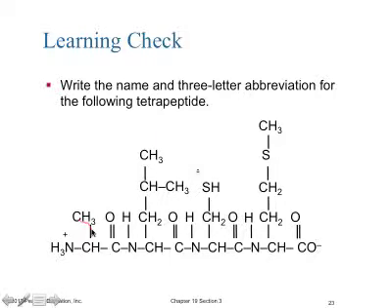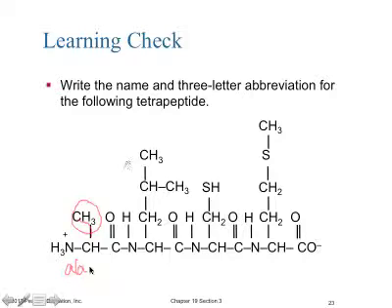The only one that's really bad is this one right here. My R group is a methyl group. The methyl group amino acid is alanine. I just happen to remember that one. So that's the three-letter abbreviation, so it would be alanyl.